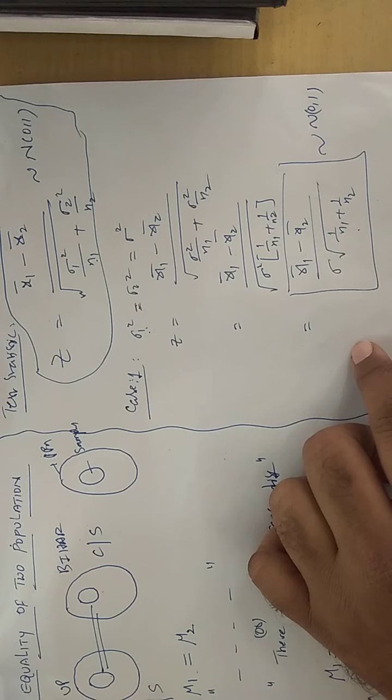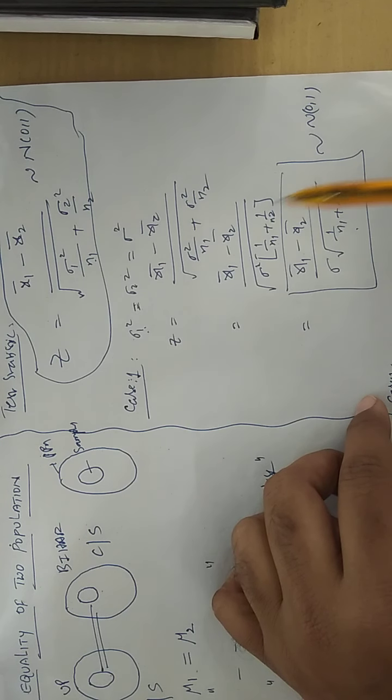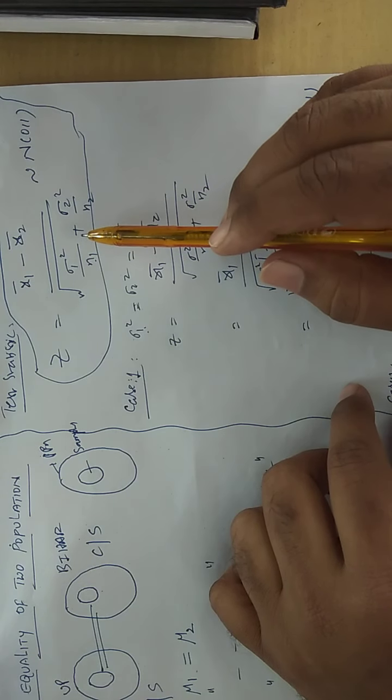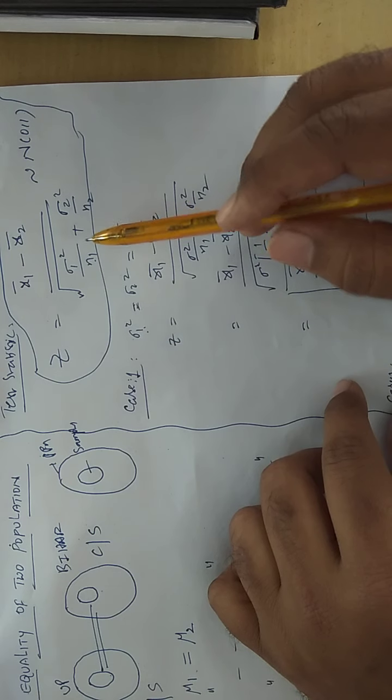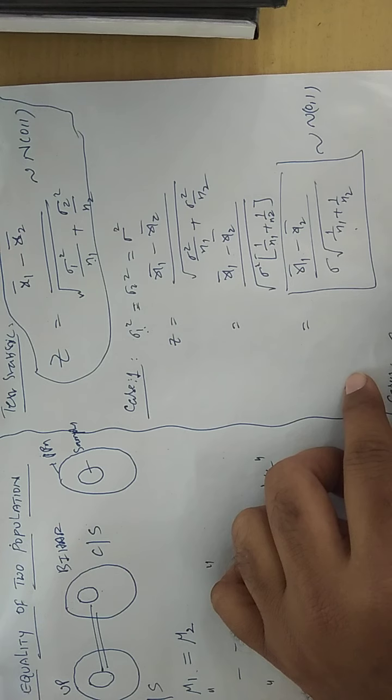Okay. Same way, one more case is there, case 2. Here, case 2 would be sigma 1 square is equal to sigma 2 square. That only we know.